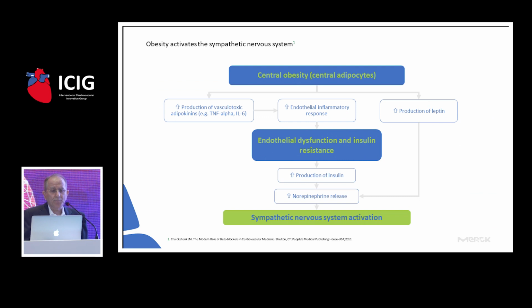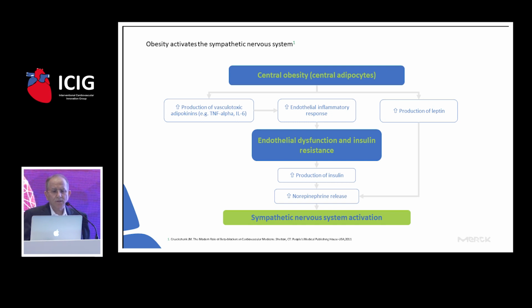Obesity activates the sympathetic nervous system, particularly central obesity, that is central adiposity, which leads to increased production of vasotoxic adipokines, including tumor necrosis factor alpha and interleukin-6, also increased endothelial inflammatory response and increased production of leptin, with the eventual endothelial dysfunction and insulin resistance, and eventually activation of the sympathetic nervous system.